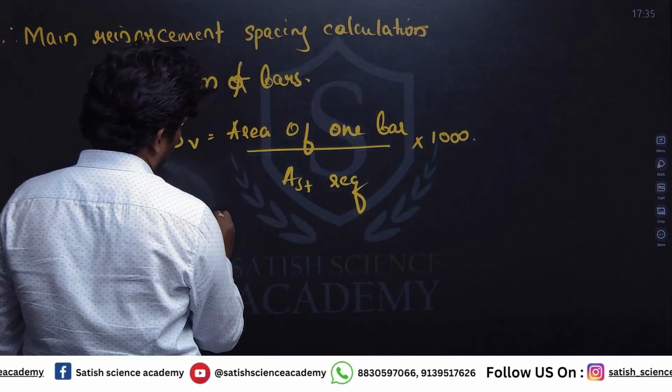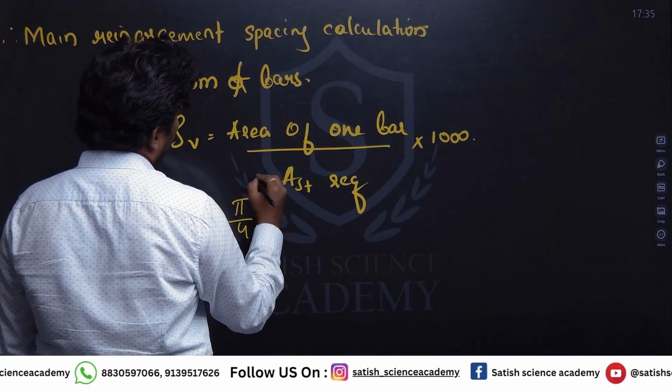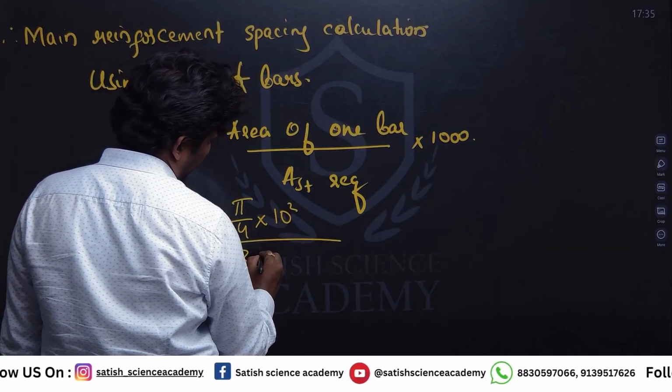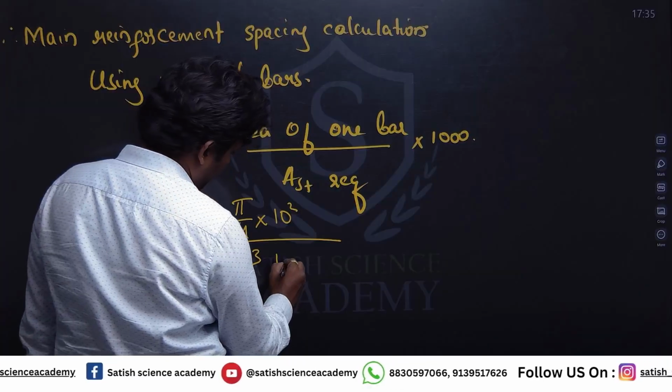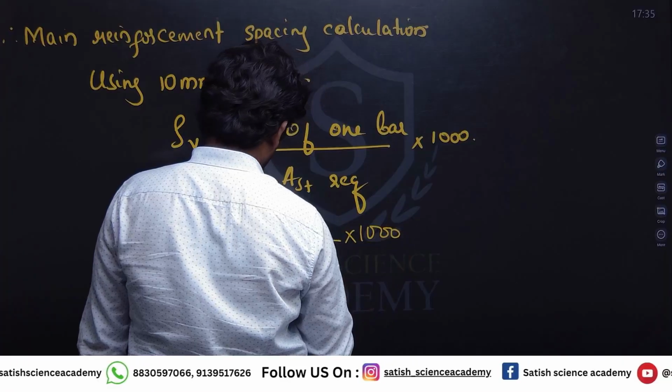So Ast of 1 bar equal to pi by 4 into d value is 10 square, divided by area required 331.81, into 1000.